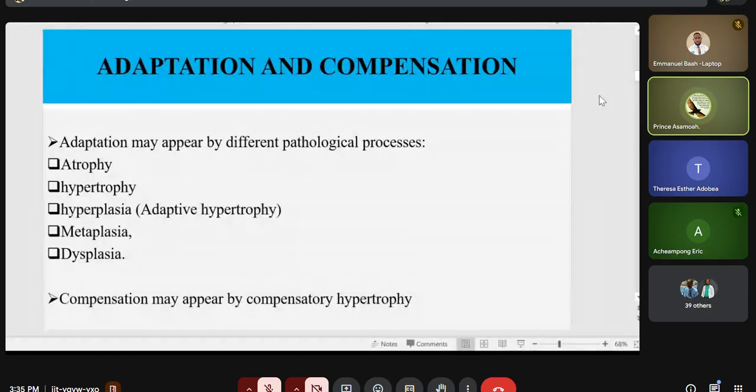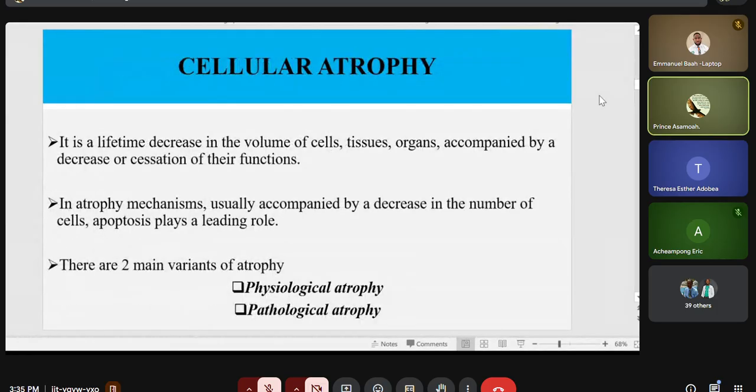In compensation, you can get it as compensatory hypertrophy. Okay, let's take them one by one. Cellular atrophy. What is it?